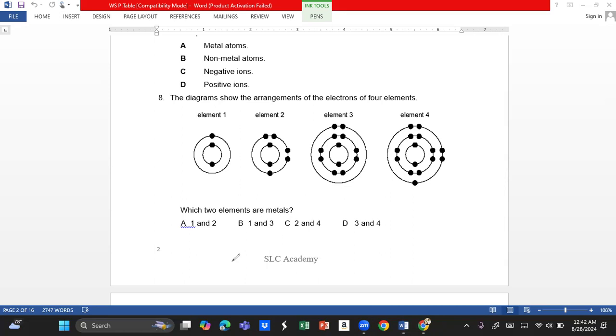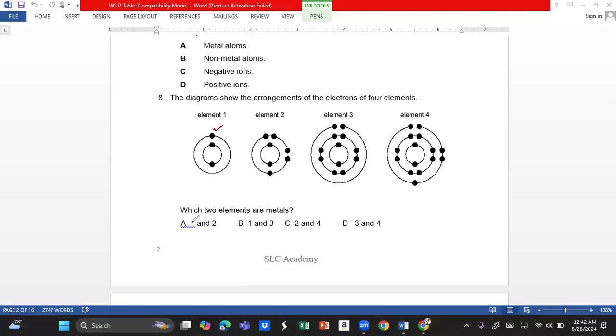So which 2 elements are metals? Element 1 is a metal because it has 1 electron in the outer shell. It is basically lithium, because lithium has atomic number 3, and the number of electrons tells us its proton number will be 3, because these are atoms, not ions.